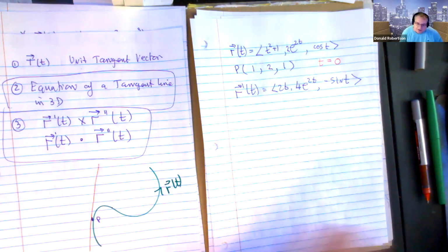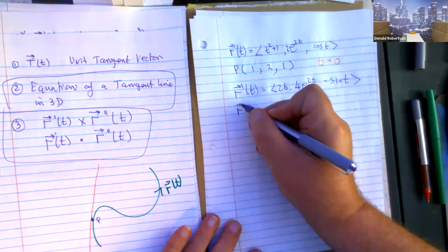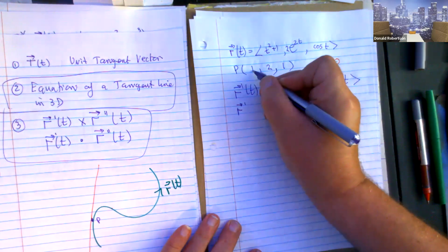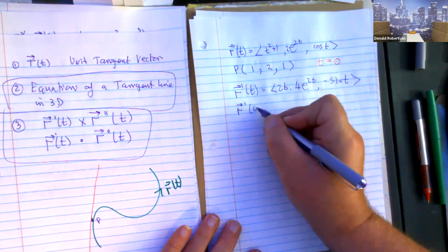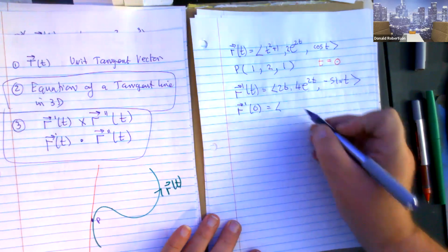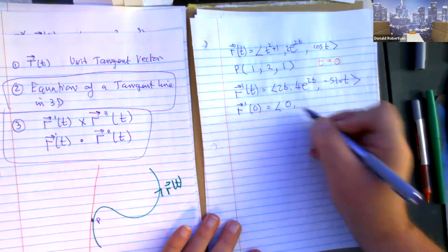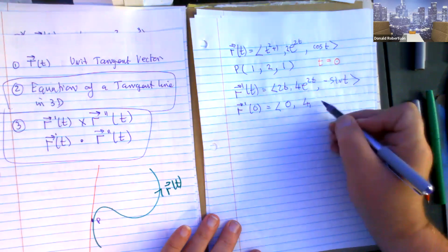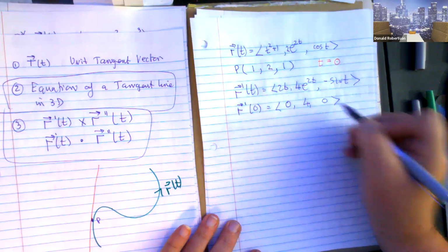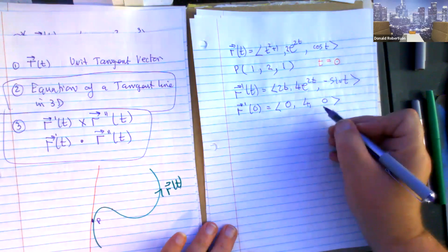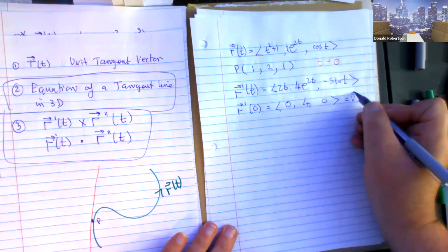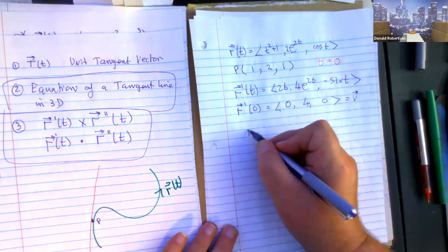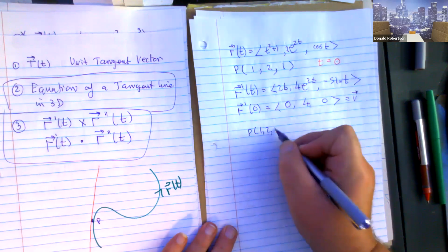Right. Now you evaluate the derivative at 0, because that's what generated this point. And you get 2 lots of 0 is 0. 4e to the 0 is 4. And this guy gets you negative 0, which is 0. This guy is our direction vector. So we're going to have the point 1, 2, 1.